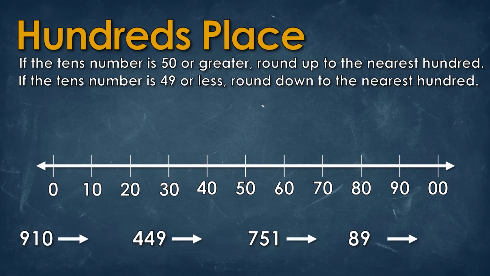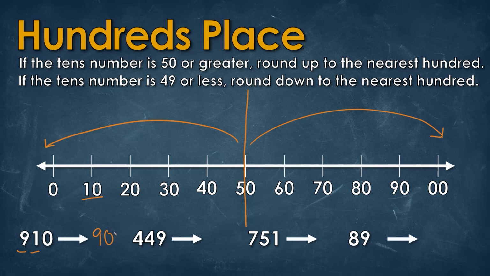So now that we've established that the middle number of 50 is the point where we decide if it's going to stay the same hundreds value or if it's going to go up 100, we can use that to not use our number line anymore and look at the number directly. So for instance, if we have 910, we know that 10 is less than 50. If that's the case, then this number is just going to stay the same.